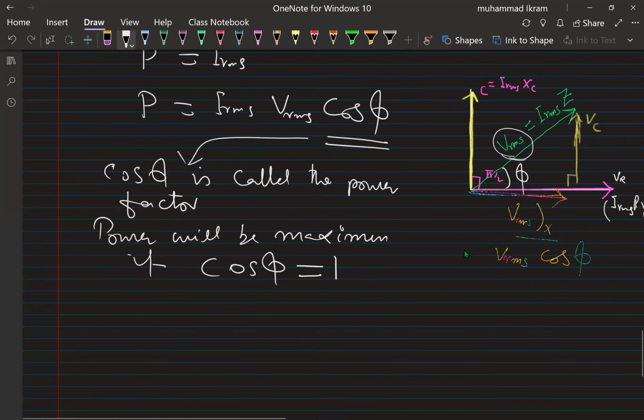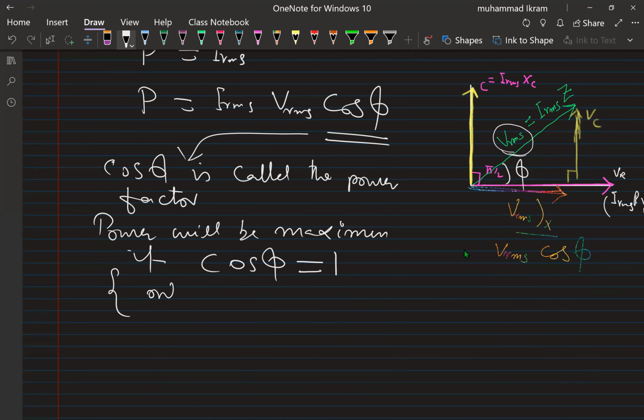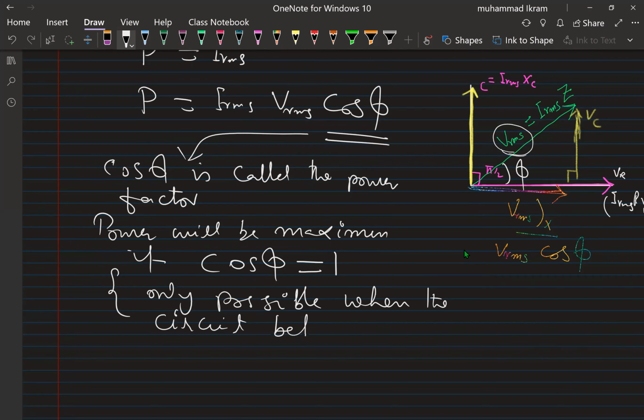And this is only possible when the circuit behaves as a pure resistive circuit. Okay, so this is how the power through the capacitor can be calculated.